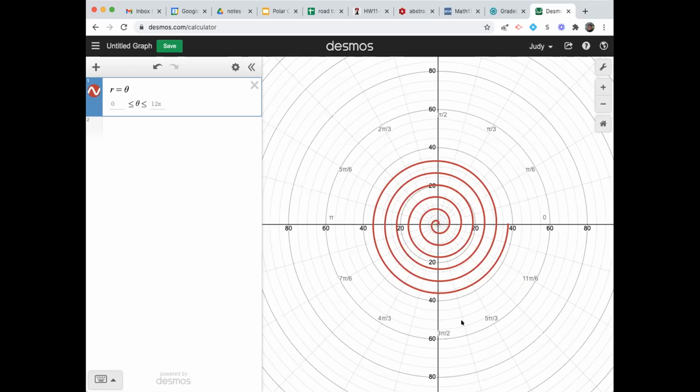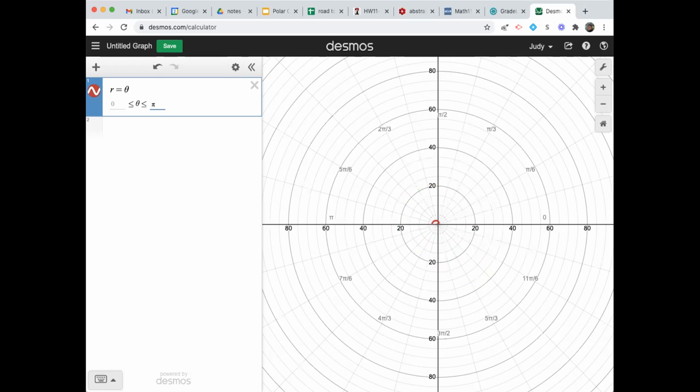How might we get a spiral to keep going? You should actually multiply the theta, but you see how every time we're typing in these, there's this little bar down here, it's kind of grayed out, where it says theta goes from 0 to 12 pi. Let's see what happens if we change it to pi.